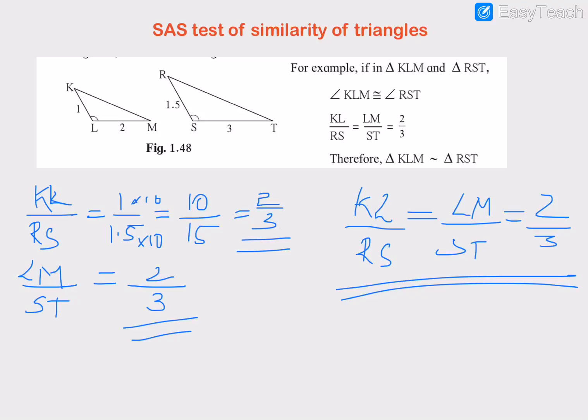So the two pairs of corresponding sides are in proportion, and it is also given that angle L is congruent to angle S. Congruent means equal.